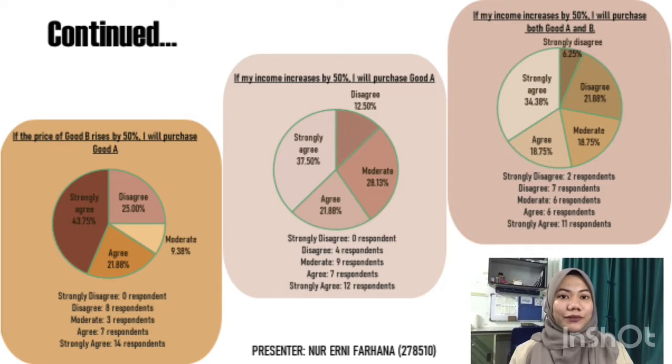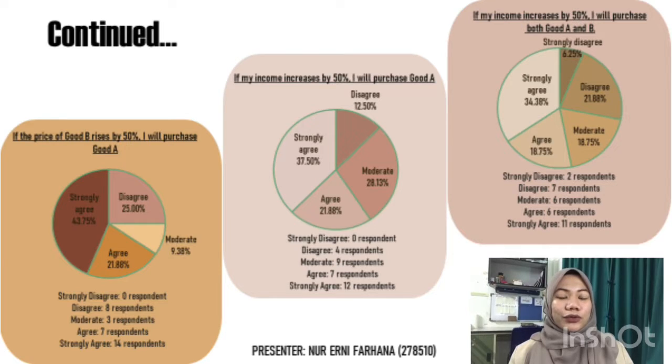And the last statement is, if my income increased by 50%, I will purchase both good A and B. 11 respondents strongly agree with this statement, which is about 34.38%.